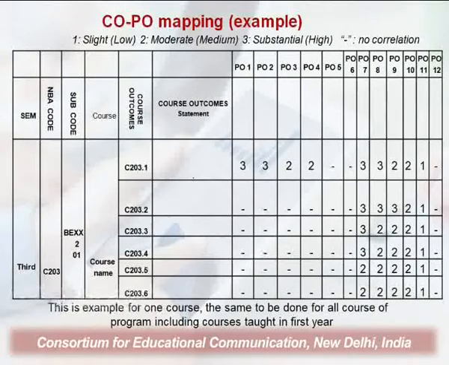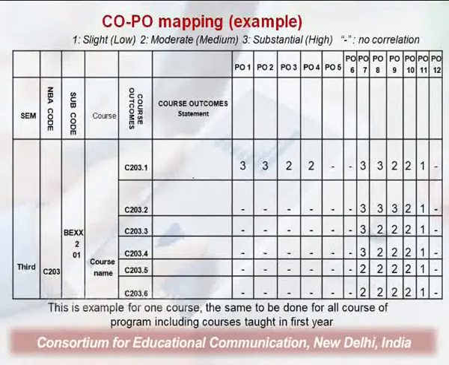The nomenclature from 3 to 1 clearly shows at what level the program outcomes are correlated with the course outcomes. If the number is 3, the level of attainment is high. If the number is 2, the level of attainment is medium. If the value is 1, it is a low level of attainment and the mapping of CO and PO is very, very low.